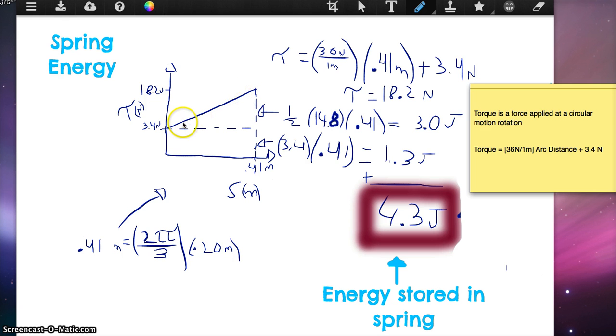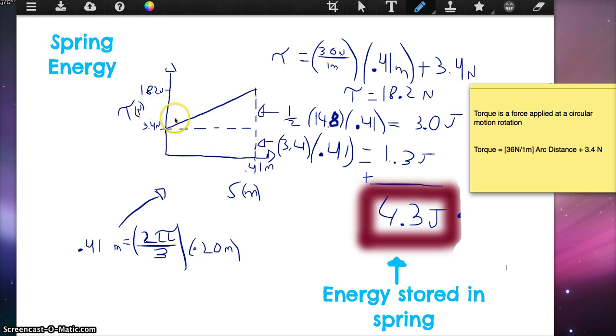So now I have to find the area of my graph, and I have a rectangle and a triangle. I know a triangle's area is 1/2 times base times height, and a rectangle is just length times width. So from that, I grab 3.4 newtons times 0.41 meters, and I get 1.3 joules.